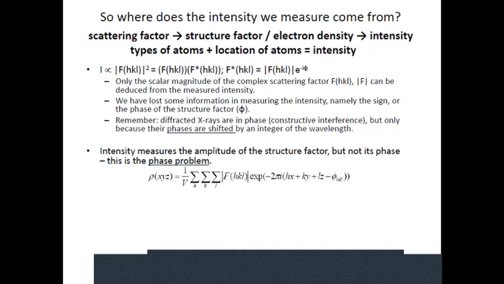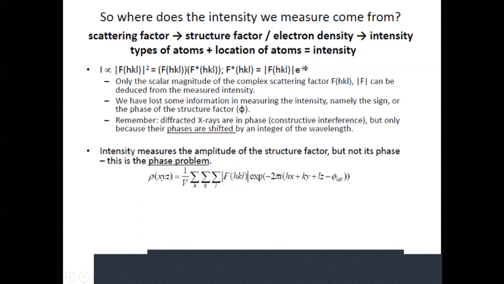So again, intensity is the amplitude, phase is the amount of constructive interference, or how much the X-rays are shifted. And so we use this equation to calculate electron density.